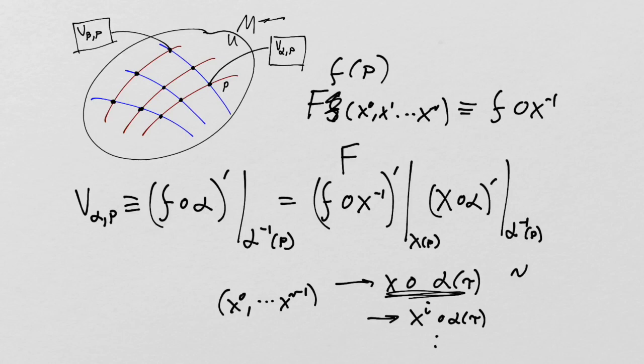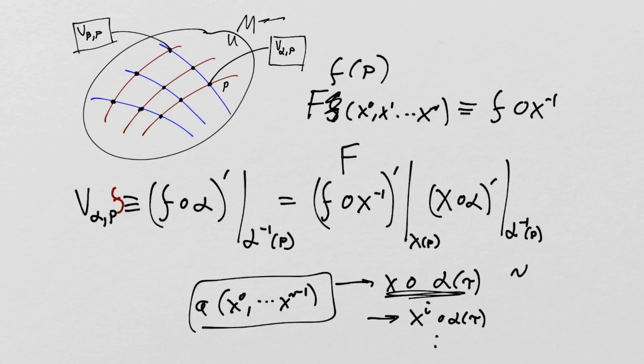This one gives me a real number, because this is a coordinate of a point P. This takes a coordinate and returns a real number. So I end up with a real number times a tuple. And that's what the directional derivative of P acting on F should be: a real number times a tuple.